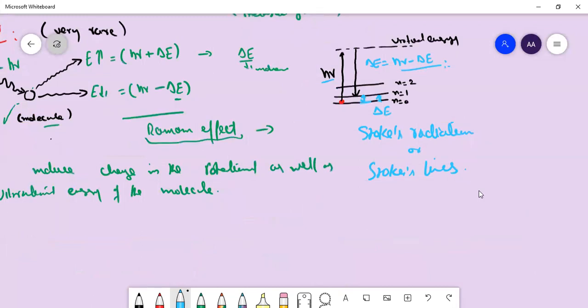Now, if someone asks you about Stokes lines or Stokes radiation, how can you explain it?